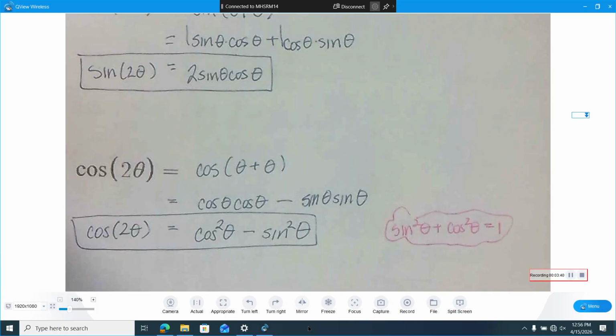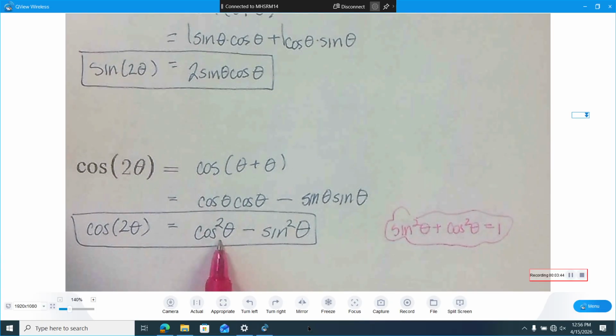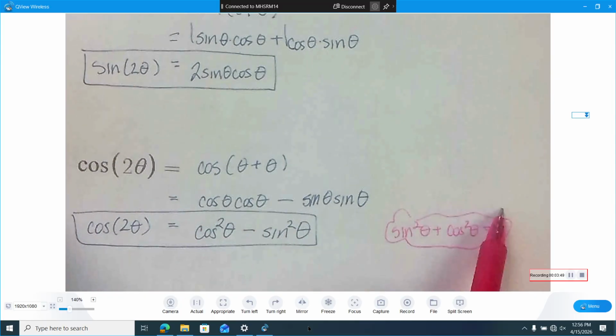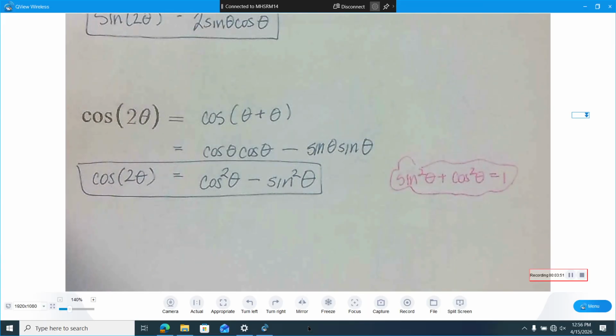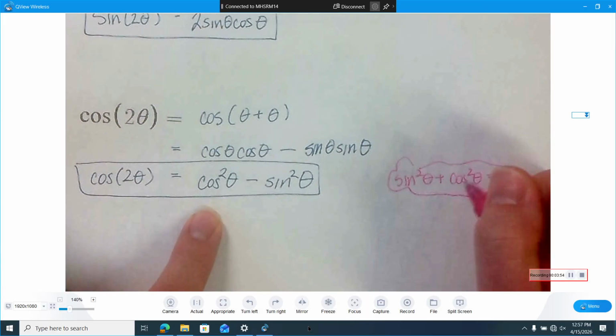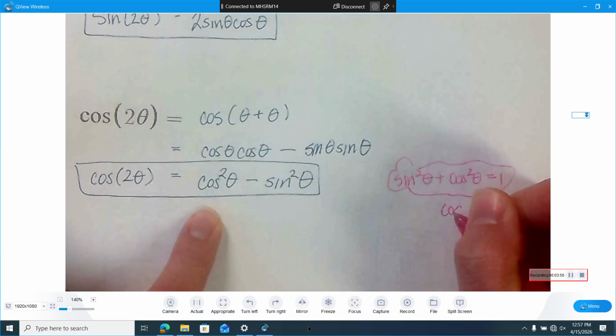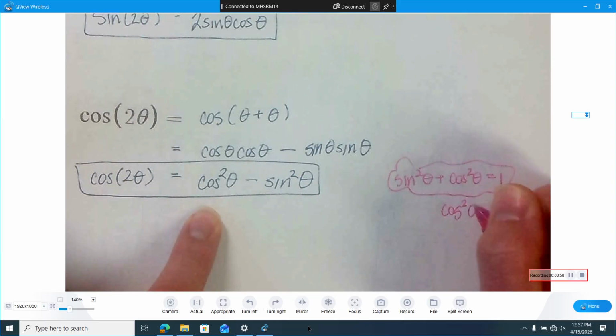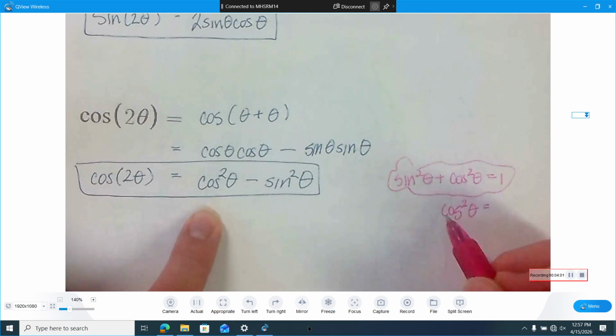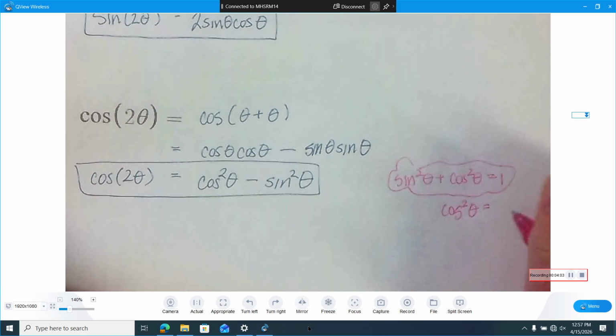We're going to use this identity because it also involves things that are squared, so we can use our Pythagorean identity to rewrite some things. For instance, if I rearrange this and get cosine squared by itself, what is cosine squared equal to? 1 minus sine squared theta. Okay, so we move that over. Yeah, we would subtract it.